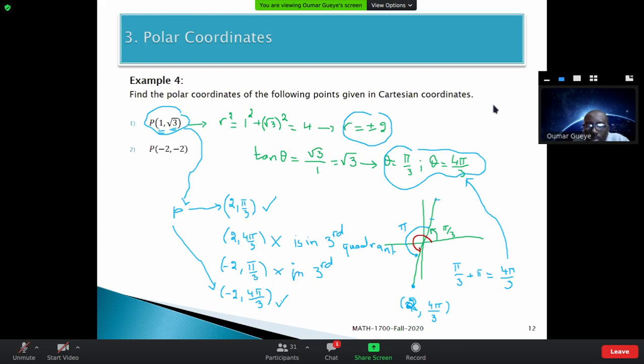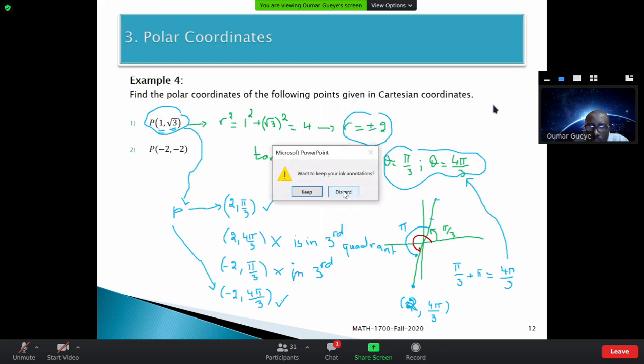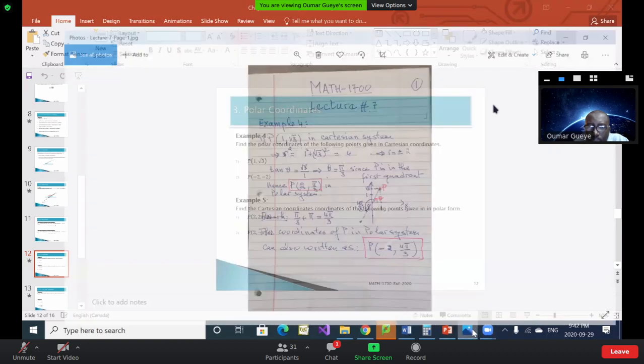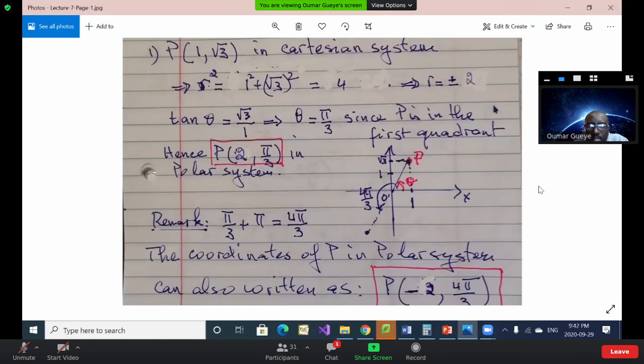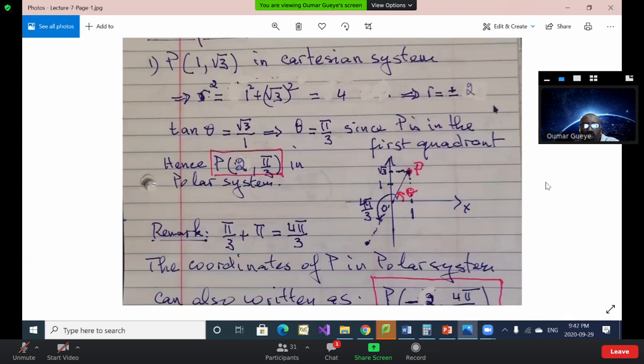Now I'm gonna do the second example. So that's exactly what I represent here, if you guys want to take the notes. Okay, so we got plus or negative 2, and we got pi over 3.